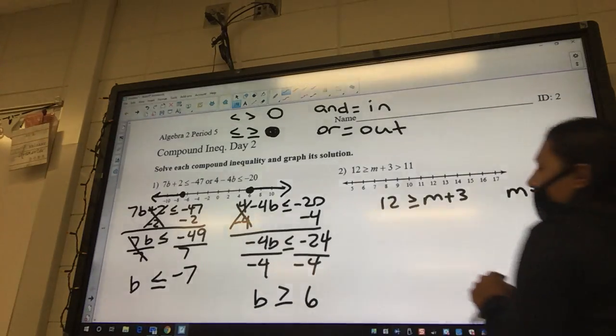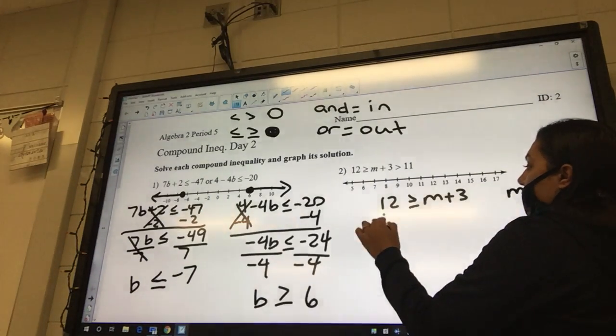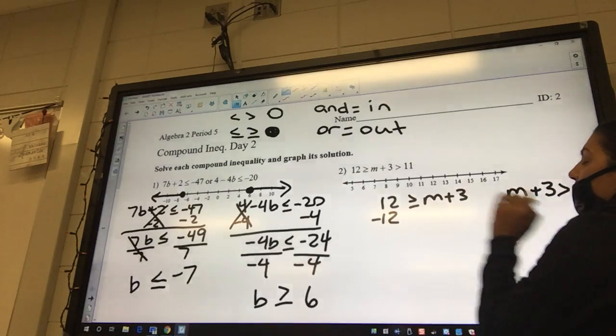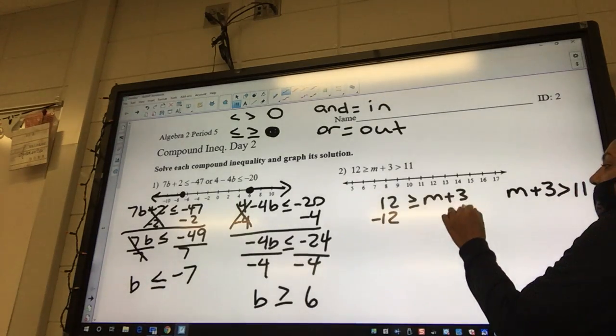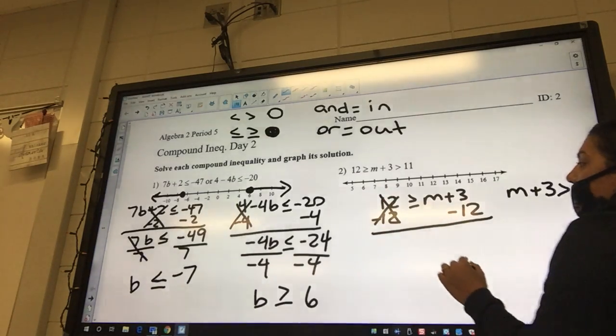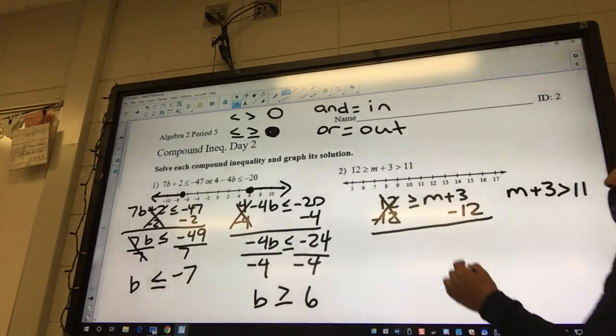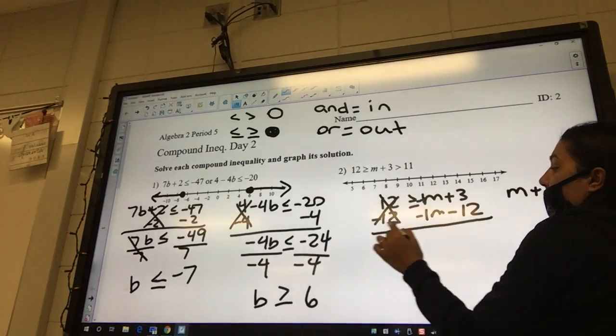So the 12, is that a number or a letter? It's a number, so it needs to be moved. Do I put it under the m or the 3? The 3. I need to move the m too, so I'm going to say minus 1m, minus 1m.